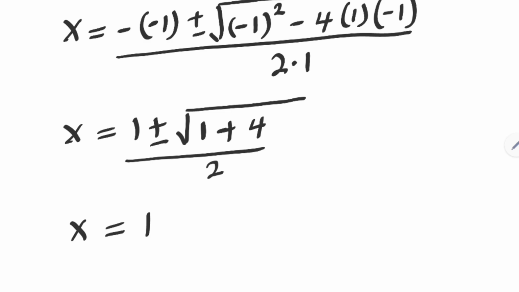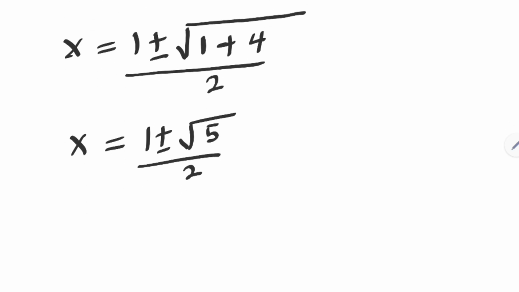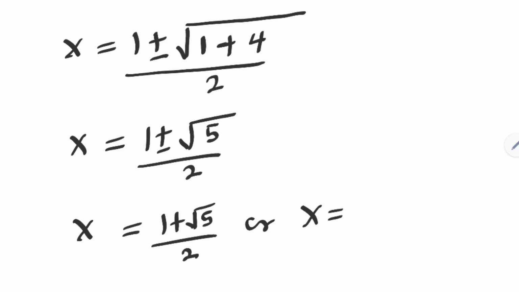S is equal to 1 plus or minus square root of 1 plus 4, that is 5, divided by 2. S is equal to 1 plus square root of 5 divided by 2, or s is equal to 1 minus square root of 5 divided by 2.